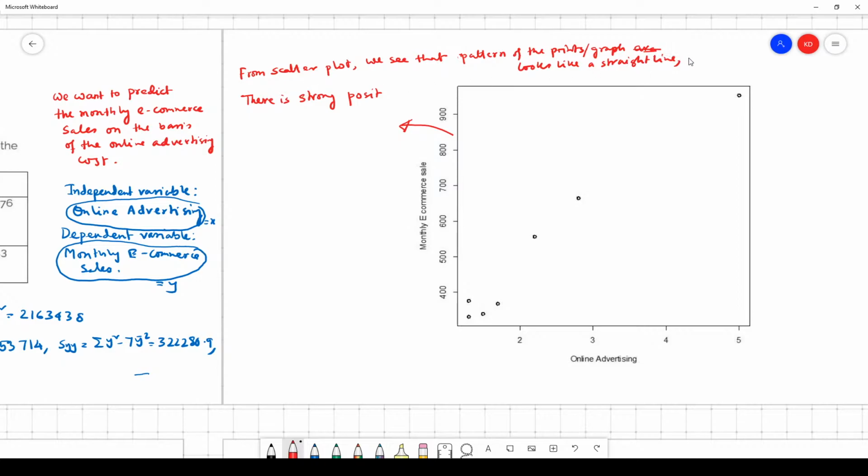So we conclude that there is a strong positive linear association between these two variables.